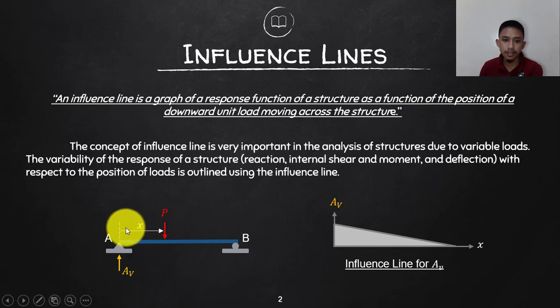So as x changes, that AB also changes. So this response is a function of the distance x, or a function of your position x. Therefore, we are going to establish that by using equilibrium, summation vertical, summation moment, and so on and so forth. So that is how we are going to establish the response equation.